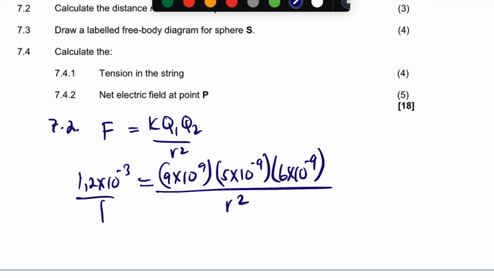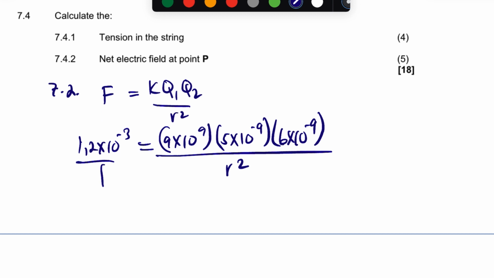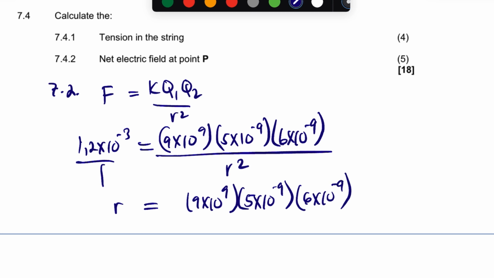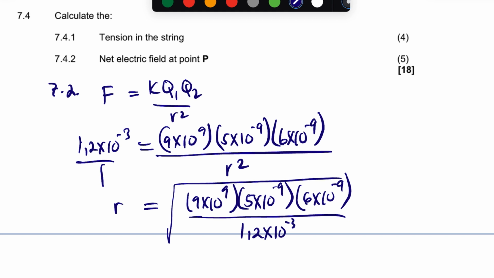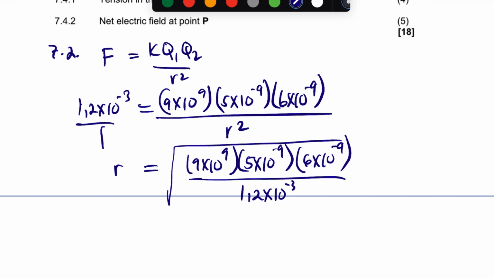So when we cross multiply, we're going to have R is equal to 9 times 10 to the power 9 times 5 times 10 to the power negative 9 times 6 times 10 to the power negative 9. We divide by 1.2 times 10 to the power negative 3, and we put the square root. Remember, it's R squared there.